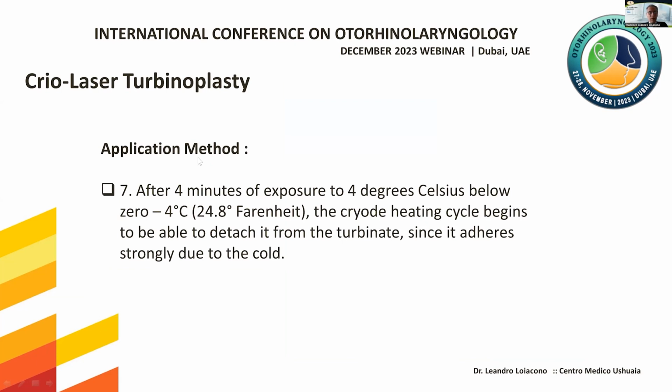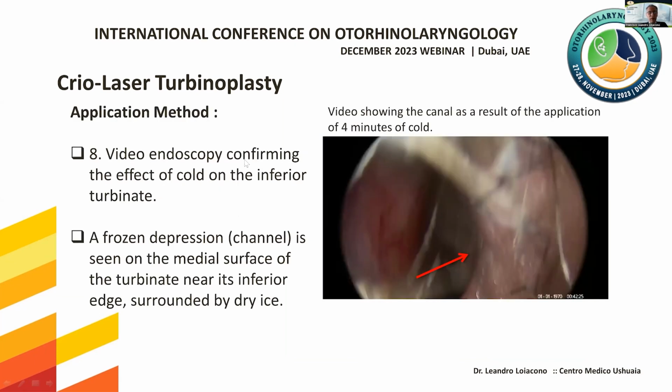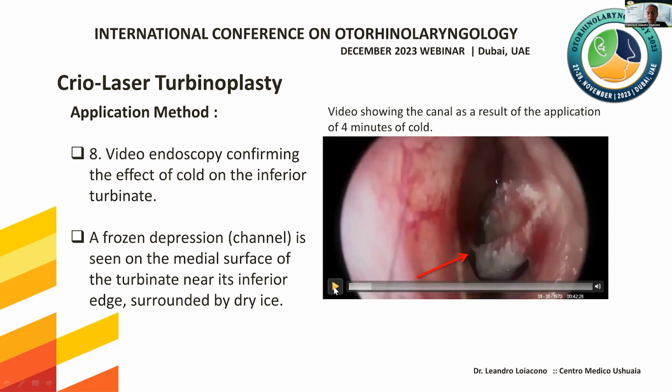Video endoscopy confirming the effect of freezing in the inferior turbinate. A frozen depression channel or canal is seen on the medial surface of the turbinate near its inferior edge, surrounded by dry ice. The video shows the channel, the dry ice, from head to tail.